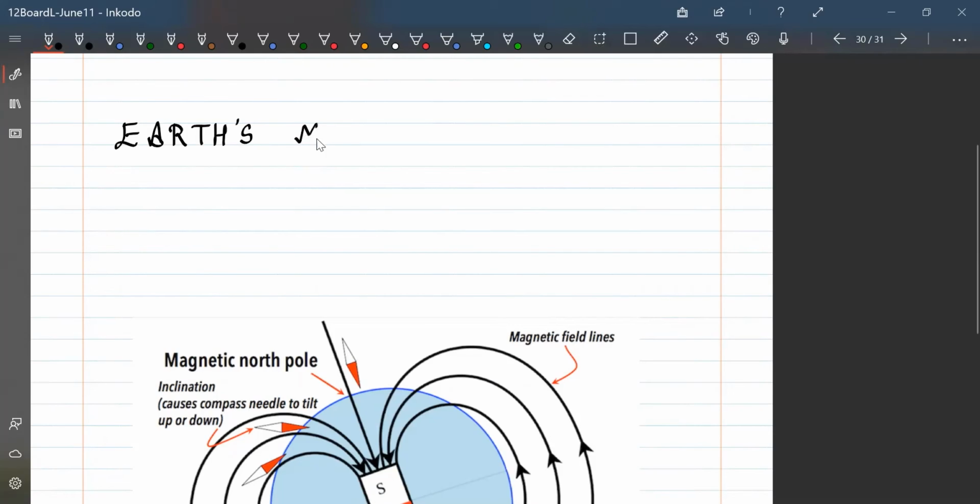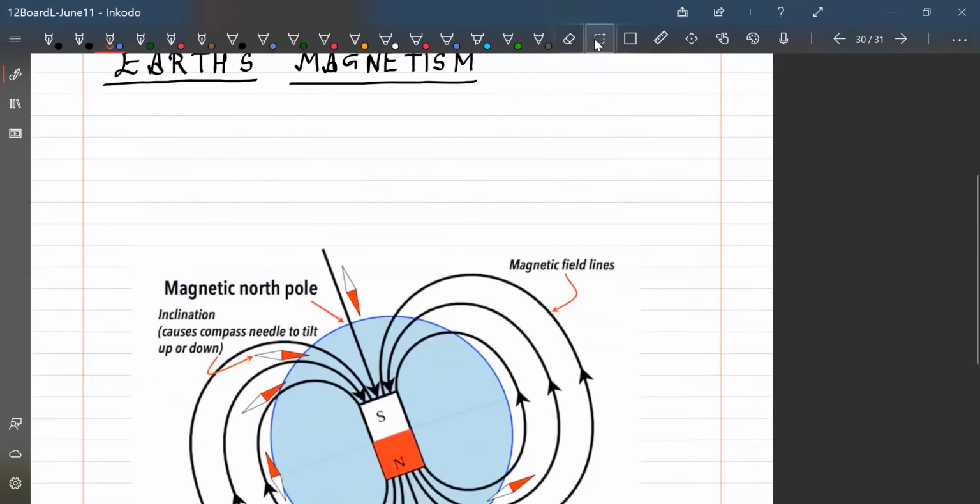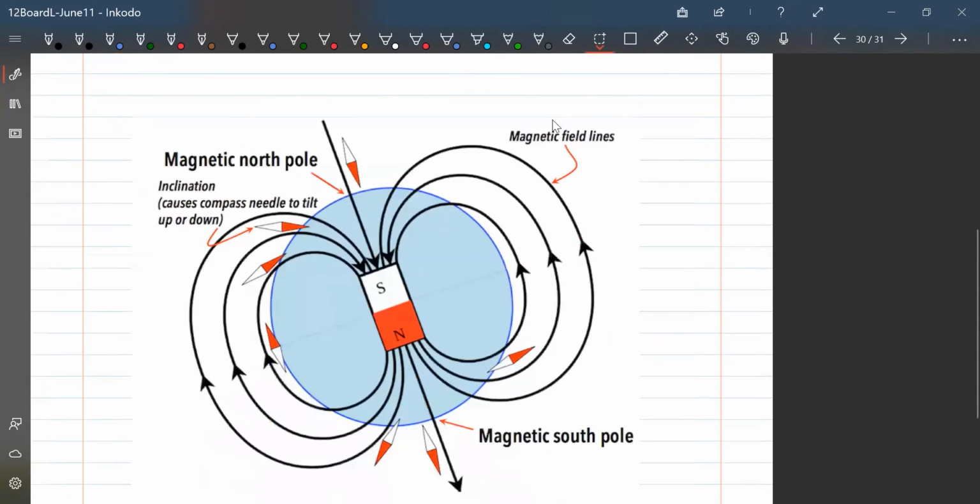Scientists give reasons for it, but we are not sure if those are the reasons. But we know that there is a magnetic field around the Earth, and we know its behavior. This magnetic field helped navigators in the early 1600s to navigate all around the Earth. So we're going to observe this magnetic field.